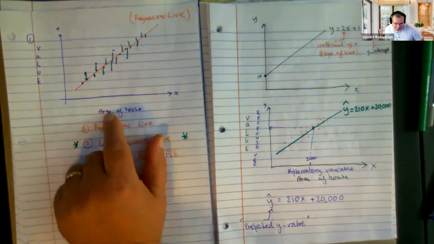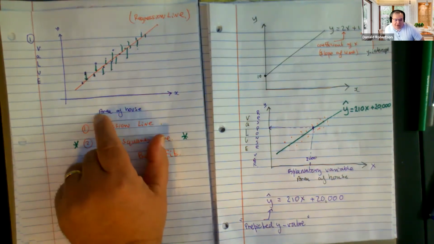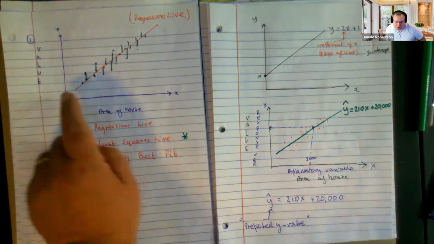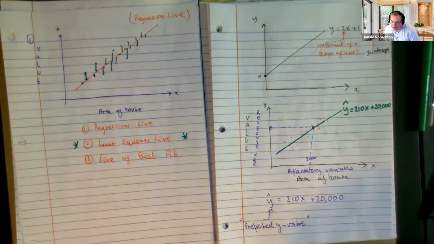So let's take this one. The area of a house against the value. Would you agree that there's probably not a lurking variable there? I would suggest that the area of a house is the major factor for the value, not the only one, but the major factor. Agreed?